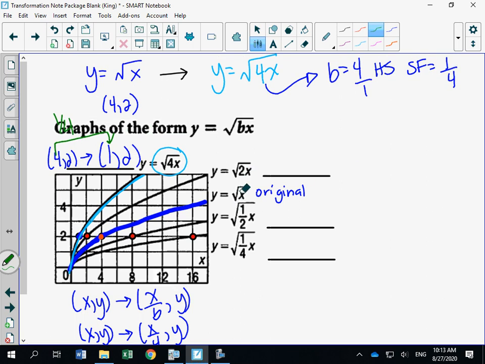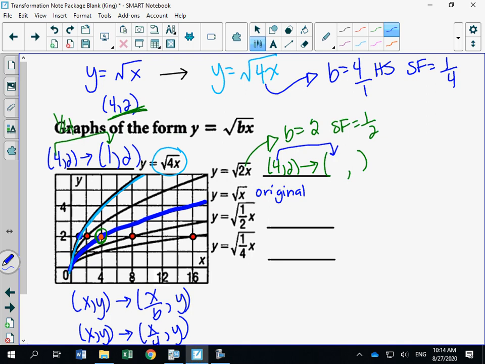Okay, take your original graph, and now we're going to say what happens when our b value is 2. What's the stretch factor? The stretch factor is always the reciprocal of the b value, so the stretch factor is 1/2. You take your original point, which is 4, 2, and multiply your x value by that stretch factor of 1/2 to get your new coordinate.